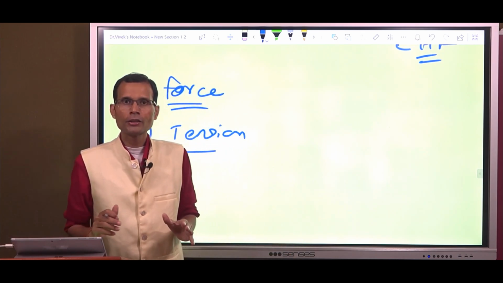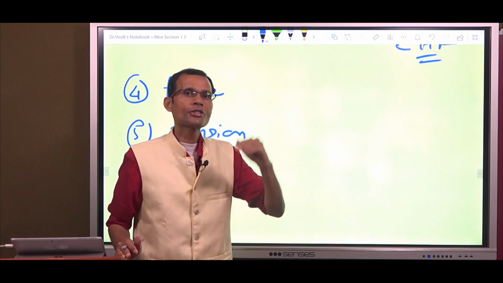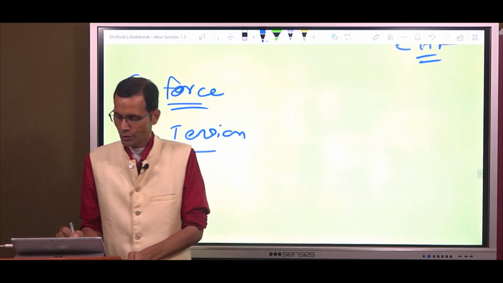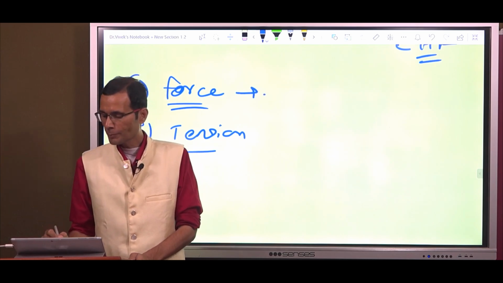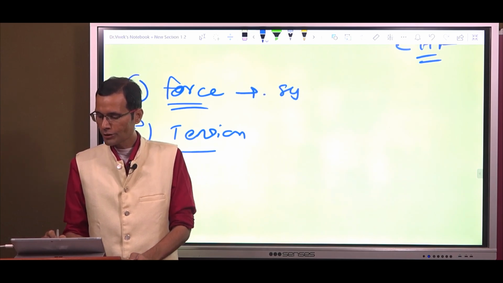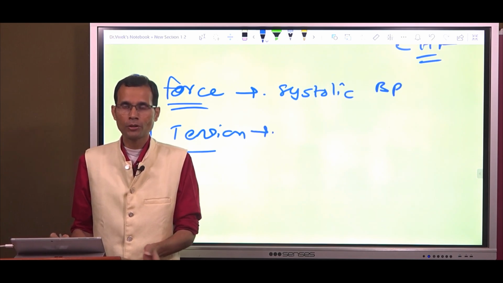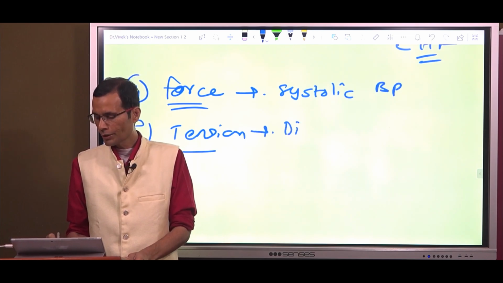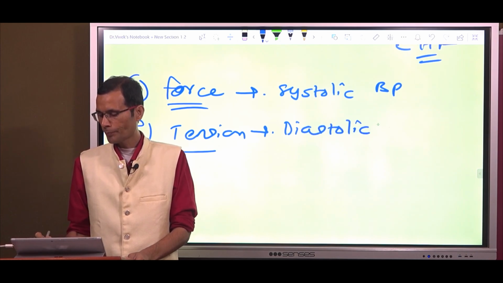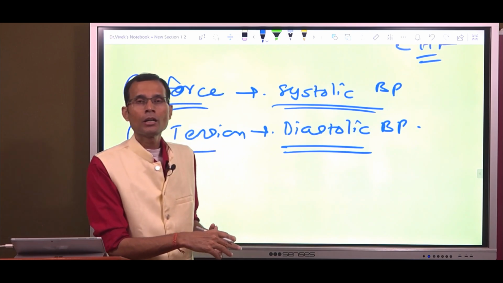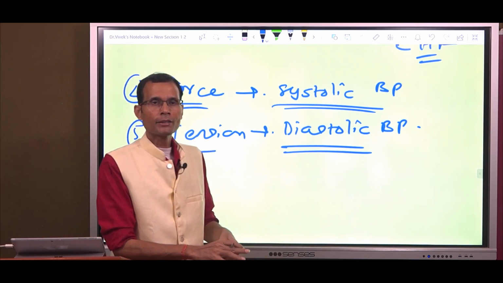So to get an idea about systolic and diastolic blood pressure, we have these two parameters. Force gives us the idea about systolic BP, and tension in the vessel wall gives us the idea about the diastolic BP, right? So how do you check for that?